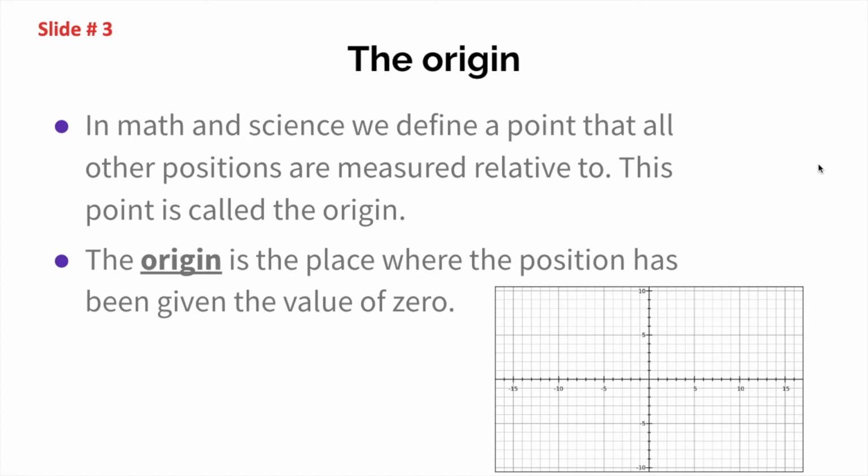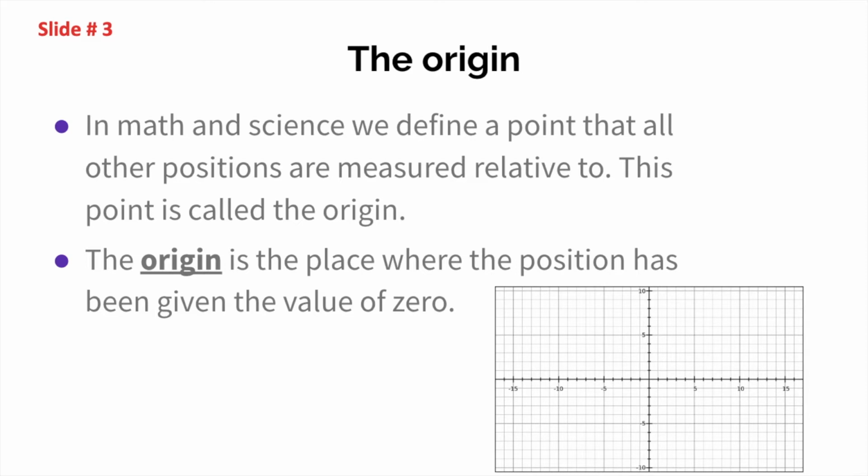And in science, we also define the origin as a point that all other positions are measured relative to. This could be on a graph. This could be a position in the hallway, in a stadium, just as much as the examples I did on the last slide. But the origin is whatever you're assigning the value of 0 to.